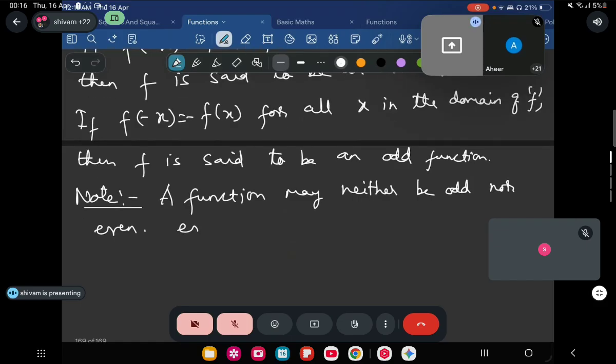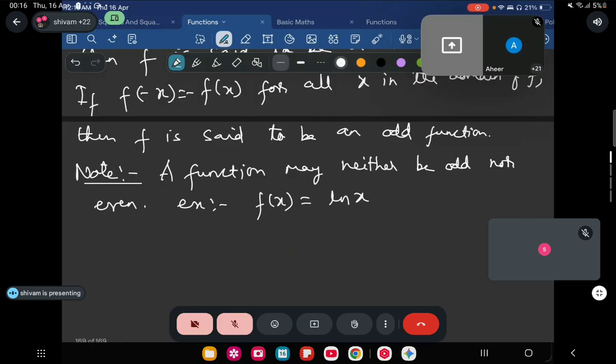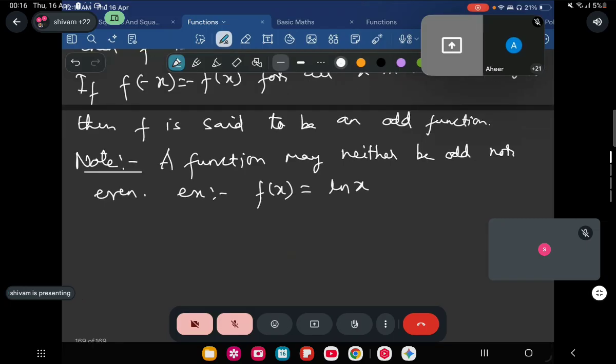For example, f of x is equal to ln x. It is neither odd nor even.